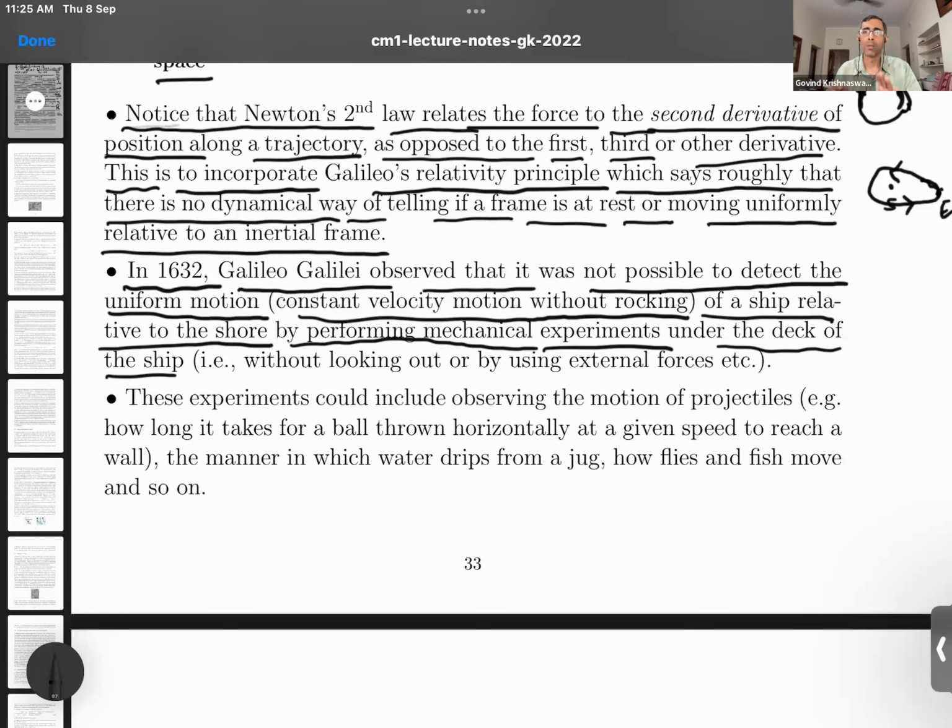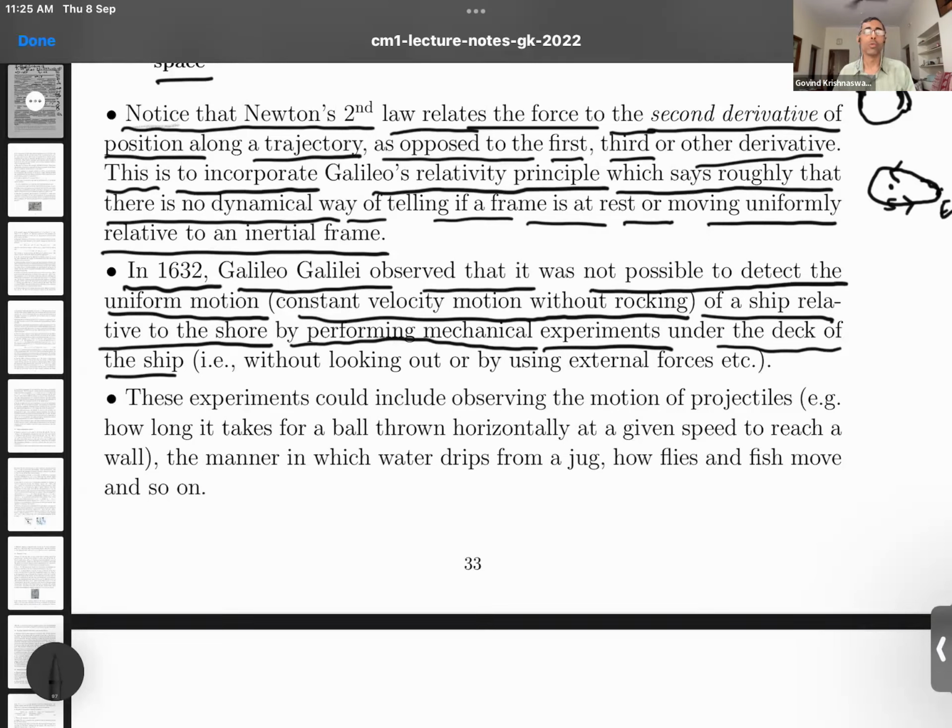Then, without telling you, you sleep off. Then the next day, somebody else has made that ship move uniformly in the sea, without any rocking motion. Just simply straight line, uniform motion. Then you wake up, you don't know the ship is moving, you repeat those experiments. And what Galileo found is that the results of those experiments are exactly the same as what you got the previous day when the ship was at rest.